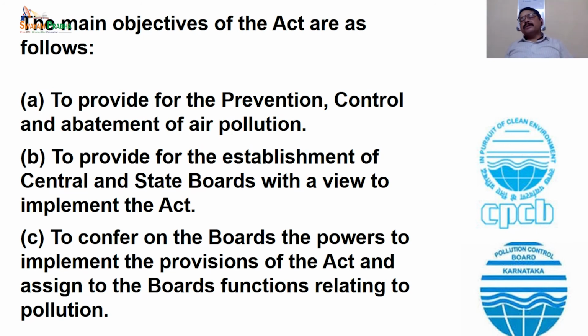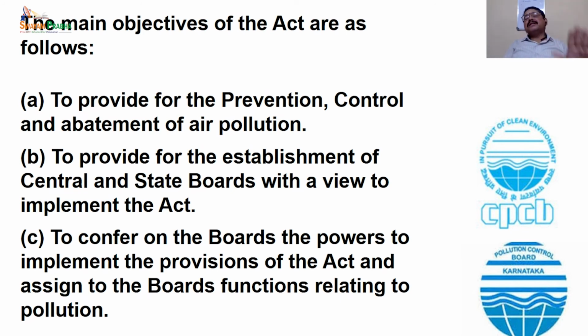The second objective is to establish state and central pollution control boards with the authorities to implement the act. The boards are conferred with powers to implement the provisions of the act, assign responsibilities and appoint members for the board for the effective implementation of the act.